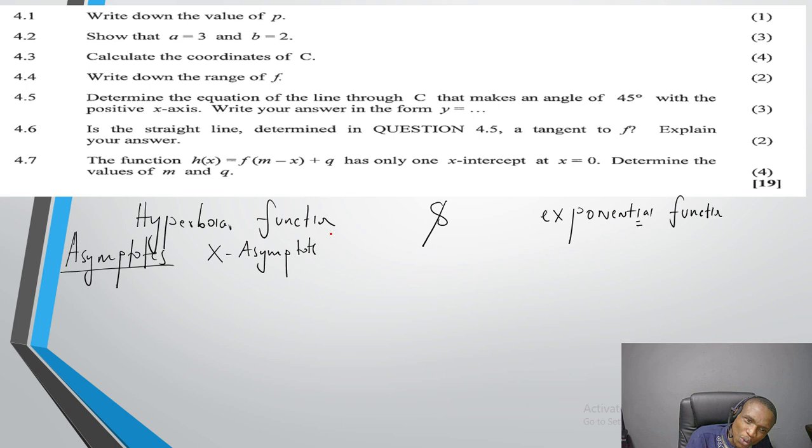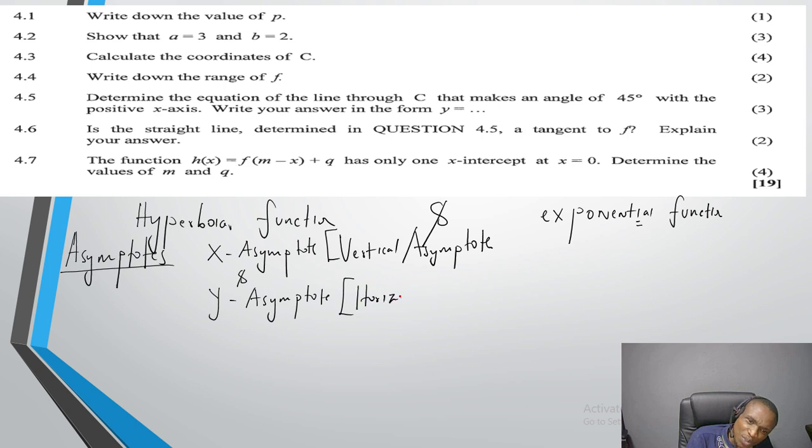It has the x asymptote, which is a vertical asymptote. And it also has the y asymptote, which is a horizontal asymptote. So the hyperbola function has got two asymptotes.